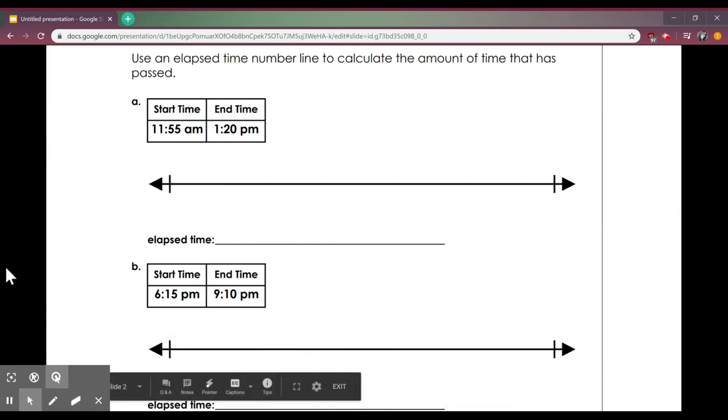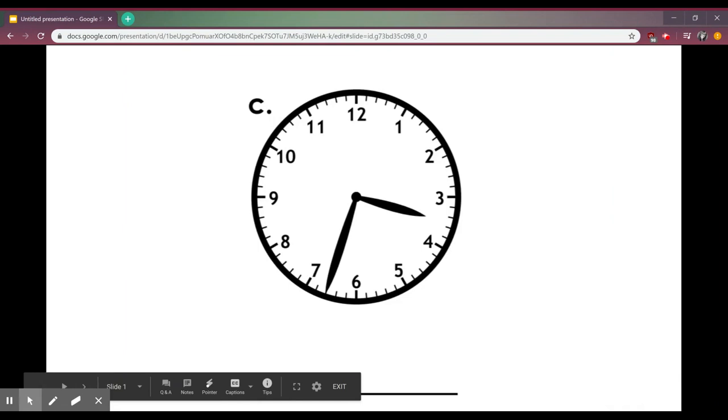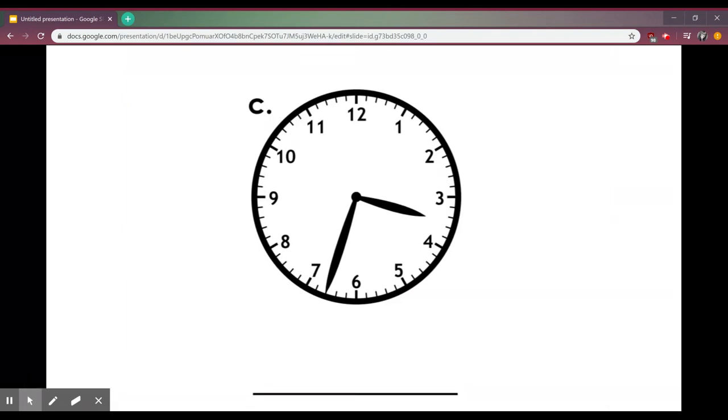Now I'm going to go back to this clock at the beginning just to show you some little tricks. Now, if I think of a quarter, when it's money, I know that means 25. But if I have a quarter on a clock, a quarter means like a fourth.